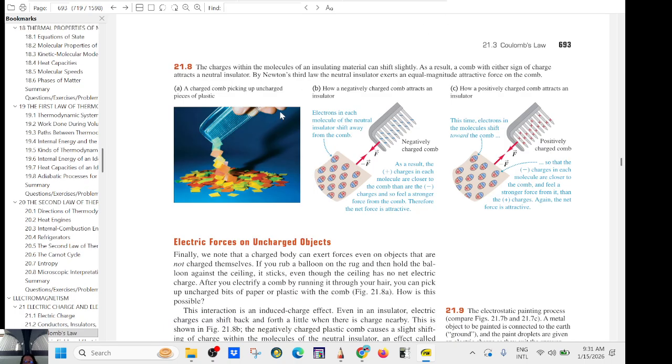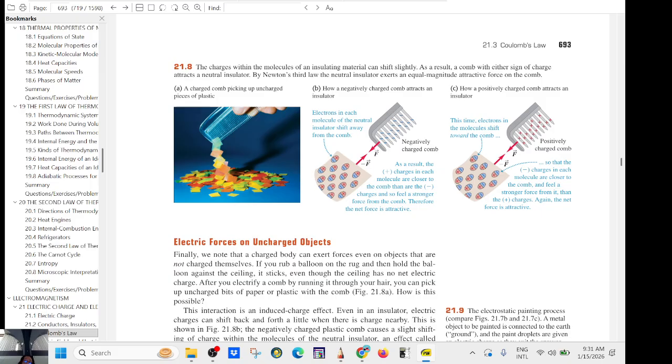This is called polarization. This object is charged, so it has negative charges here because you comb your hair, for example. Electrons were transferred. Electrons cannot move, they are bound. But the little pieces of paper are not charged, yet they can get polarized because it's an insulator.